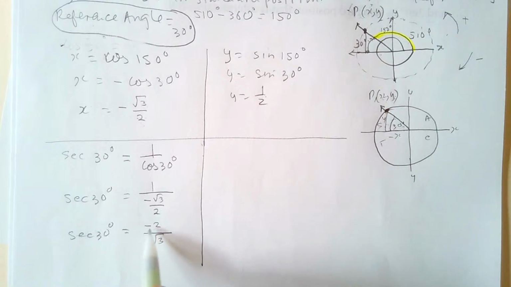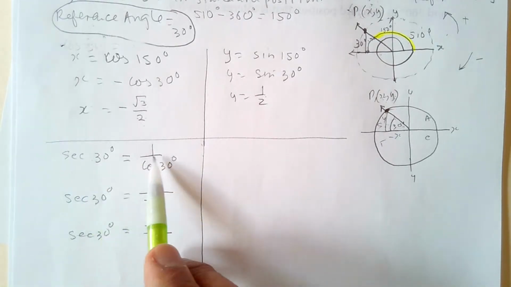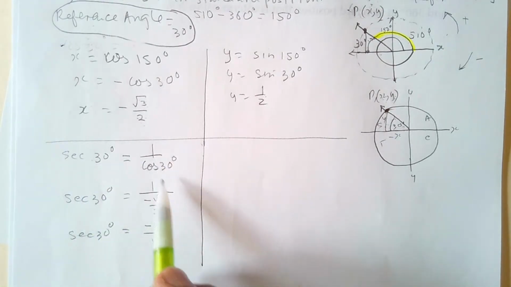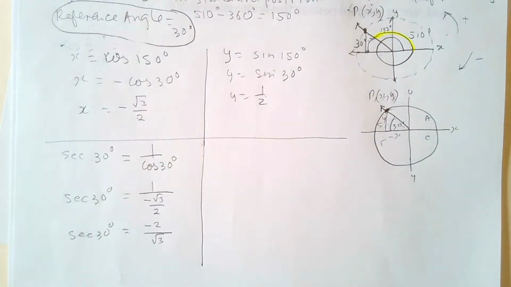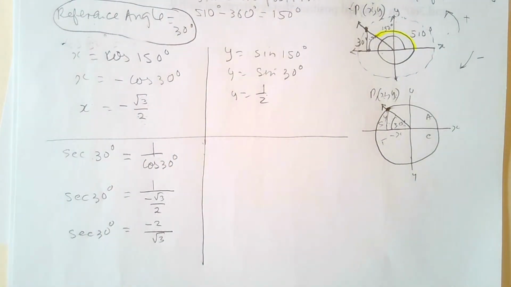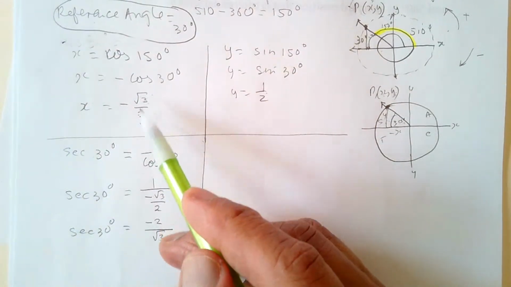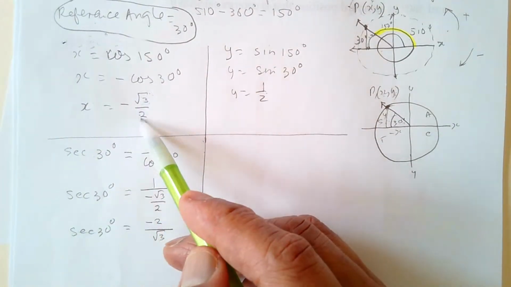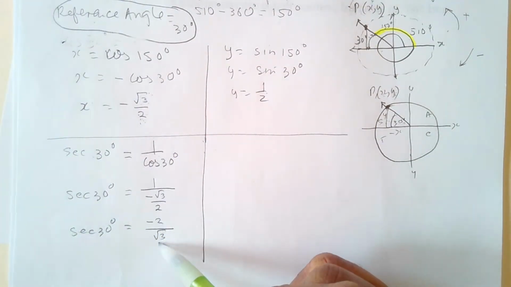Now, you could have gone directly and said secant is equal to the inverse of negative root 3 over 2, which is negative 2 over root 3.